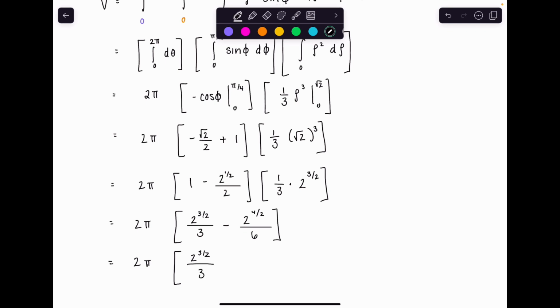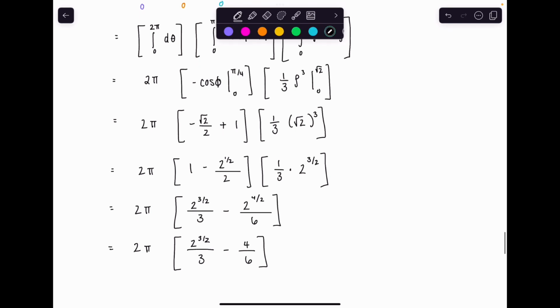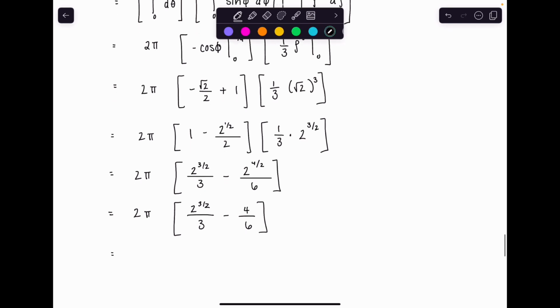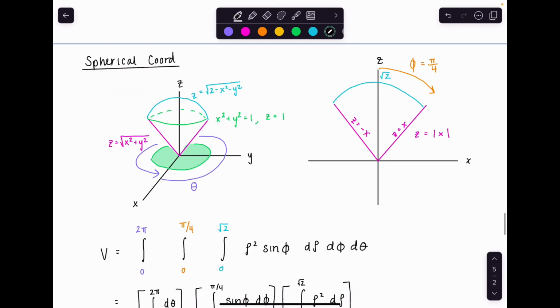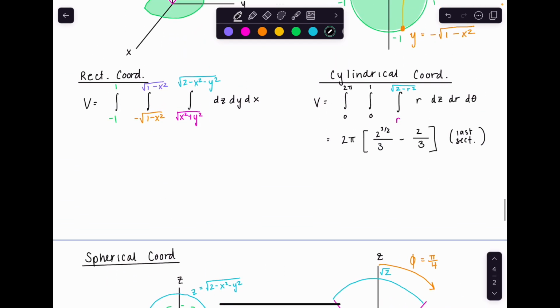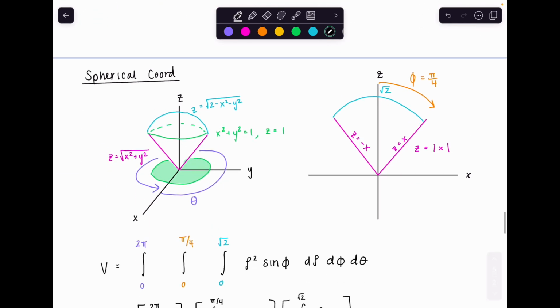So that's 4 over 6. And then really that ends up just simplifying to 2/3. So this is 2 pi times 2 to the 3/2 over 3 minus 2/3, which is exactly the same answer we got using cylindrical coordinates.